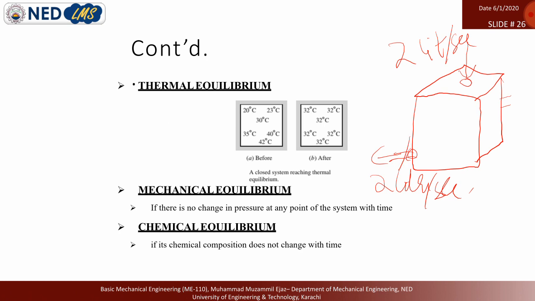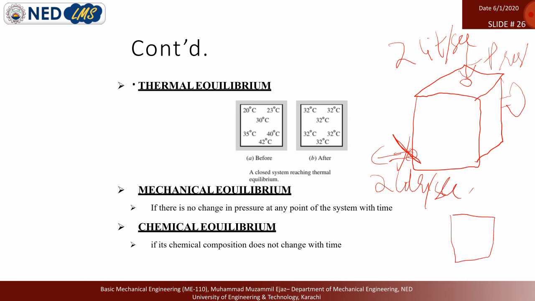But if we close the outlet tap and open the inlet, the water comes in at 2 liters per second and is not going out, so the pressure inside the vessel increases. If that condition takes place, then it is not in mechanical equilibrium. But the first case is in mechanical equilibrium.